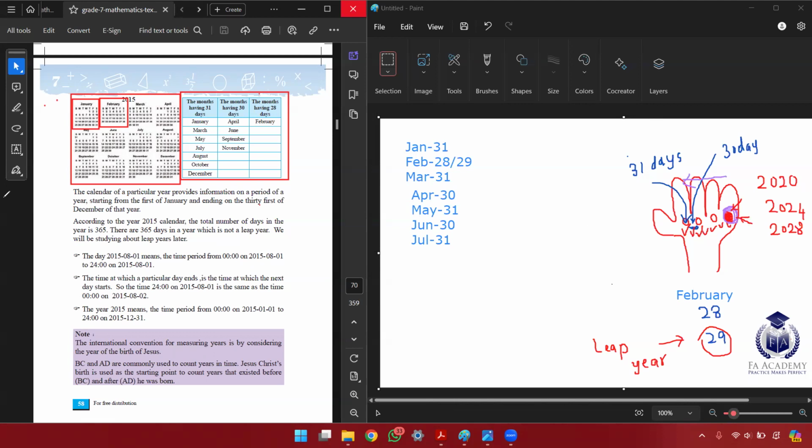So how many days do we have in August? I'll just use a different color because we are coming in reverse. So August is going to be, how much is that? 31 days again. Then September, how many days? 30, very good.